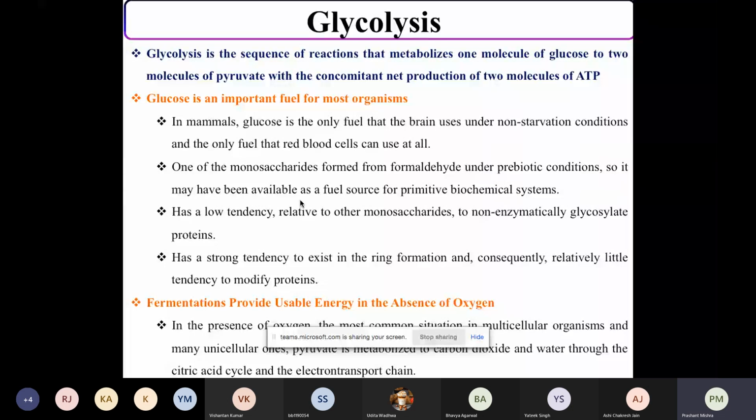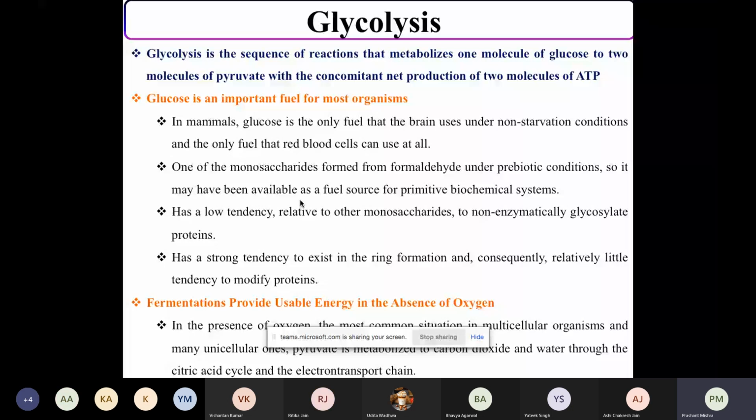Now, if you recall, when we talked about the steps in intermediary metabolism, you learned that most of our food items consist of complex molecules, or you can say macromolecules. For example, carbohydrate exists as starch or other polysaccharides, whereas proteins are also polymers, and nucleic acids are also polymers.